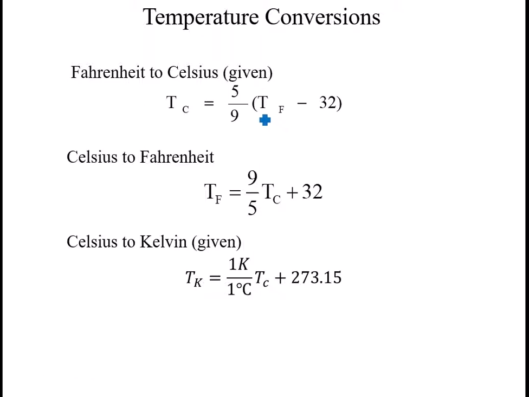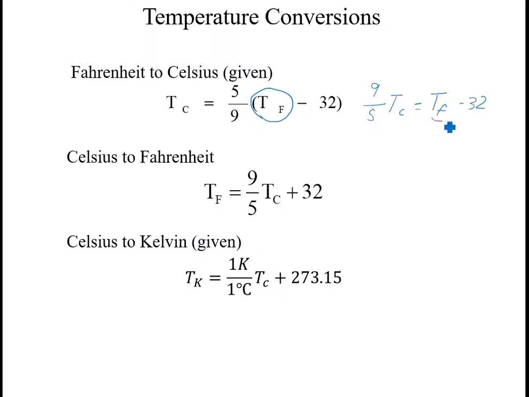Now, if I want to solve this for temperature in Fahrenheit, what would I need to do? Well, first thing I need to do is get rid of the fraction in front of this. So I'm going to multiply both sides by 9/5. So I have 9/5 TC. And then because I got rid of that, I can get rid of the parentheses and say TF minus 32.